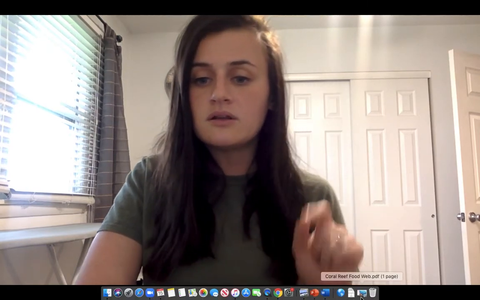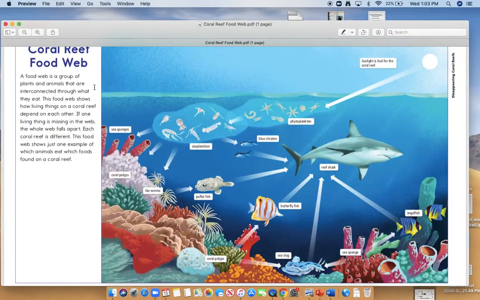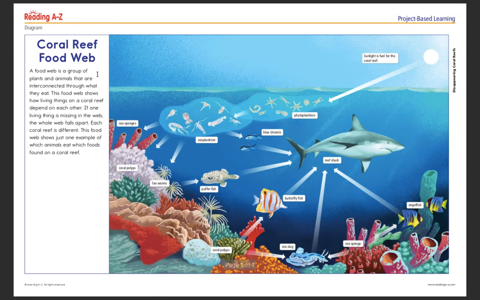Now, the last thing you're going to do is you're going to look at a picture of a coral reef food web. You're going to read this little blurb, and you are going to really study the picture and see which animals need each other to survive. You're going to notice that all these animals depend on each other in order to survive.